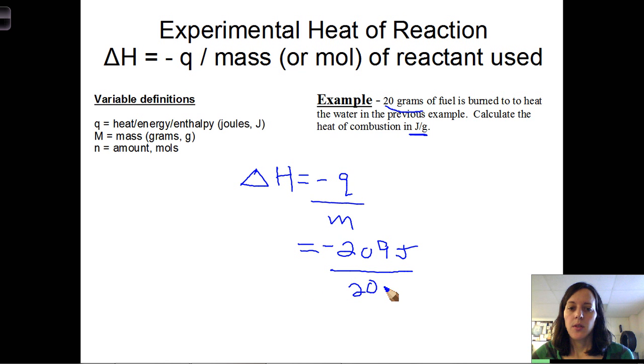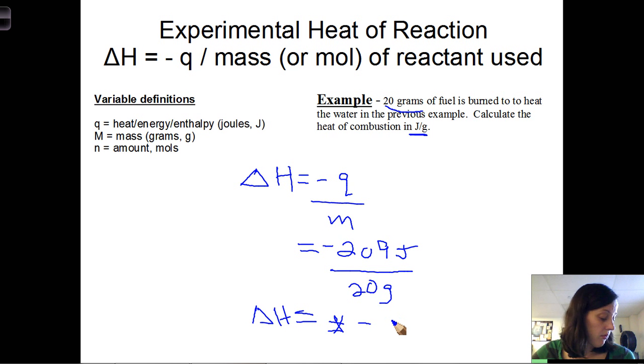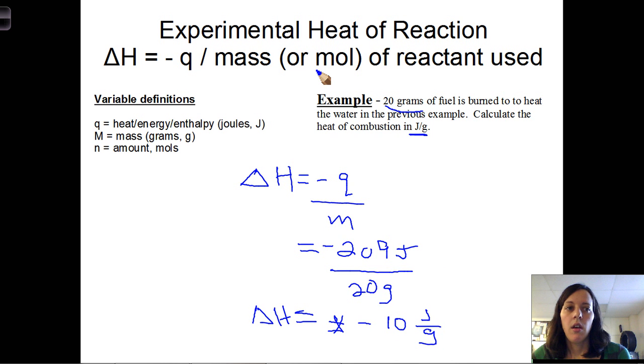Alright, so let's put 20 grams down here, and now it's simply a matter of dividing that out. Oops, I already got a negative sign there. So the delta H value is negative, what does that come out to be? About 10 joules per gram. And that's it.